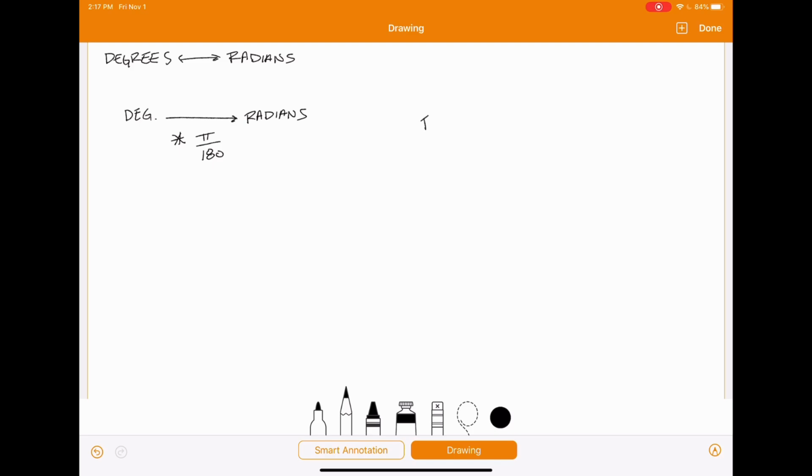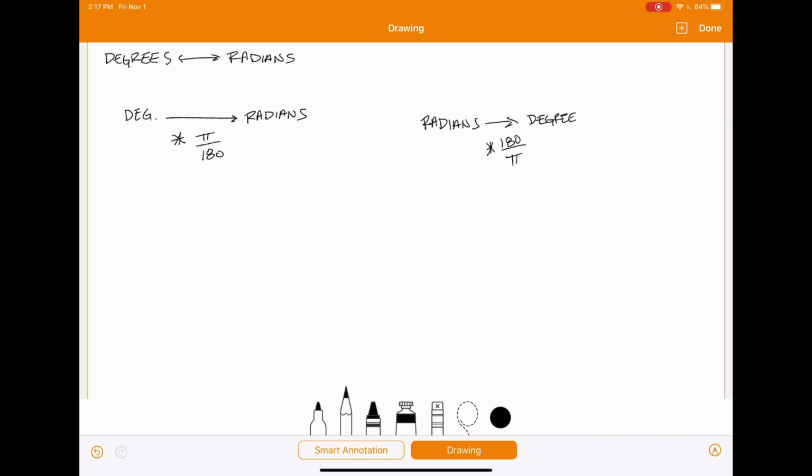Now, if you wanted to go from radians to degrees, you're just going to flip that fraction. So you're going to times by 180 over pi.